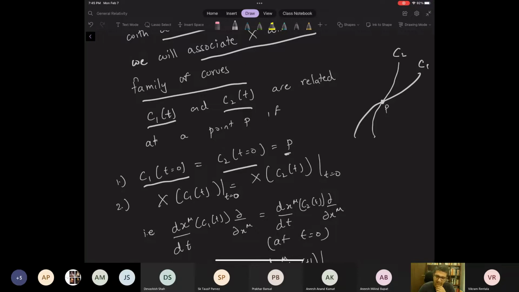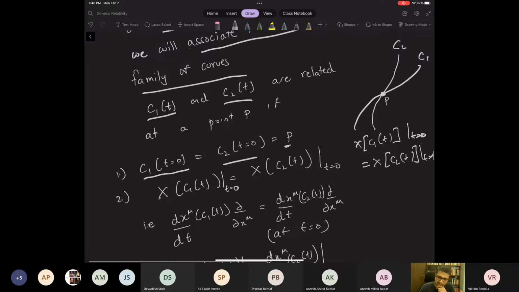And the second important property is, if the operator x for the curve C1 of t is the same as the operator for C2 of t at t equal to 0, that is, at this point, if both these operations are the same, then we'll say that these curves are related. We'll say that there's a relationship between these two curves at the point P.